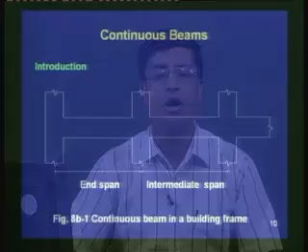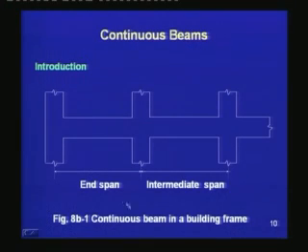To illustrate the examples of continuous beams, this is a sketch of a continuous beam in a building. At the end, we have one span, which we call the end span, and then the subsequent spans are called intermediate spans. The end span usually has higher positive moment in the span as compared to the intermediate spans.